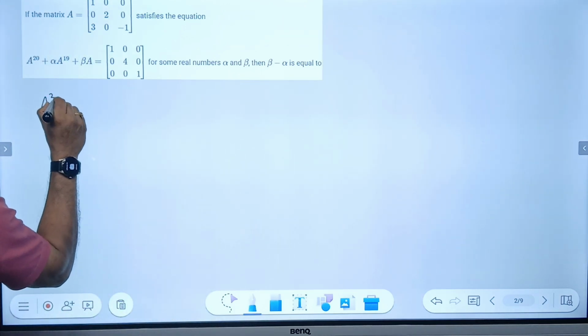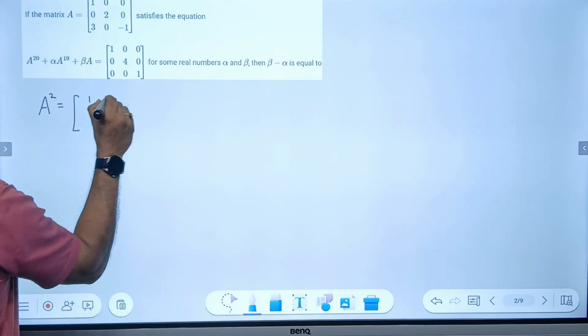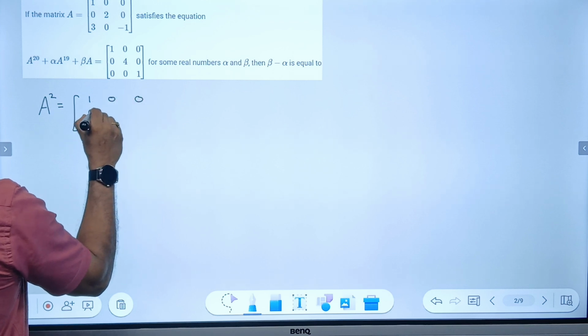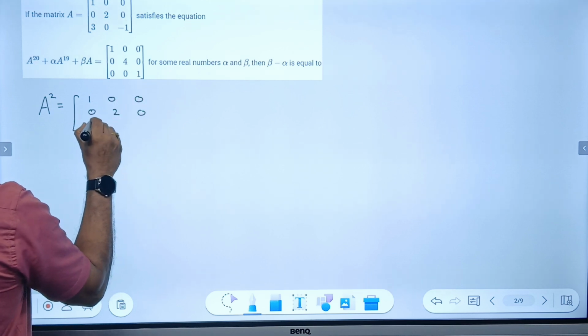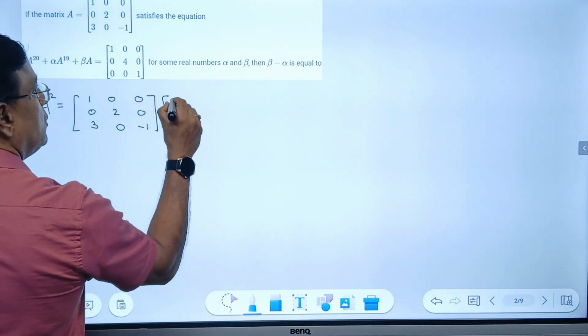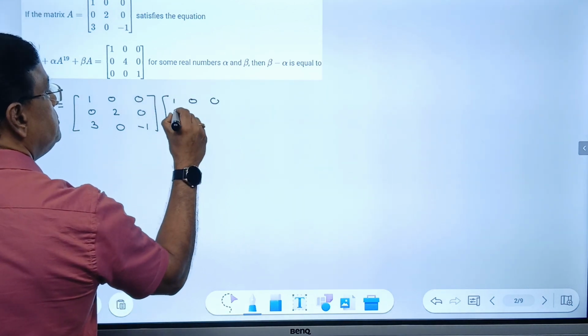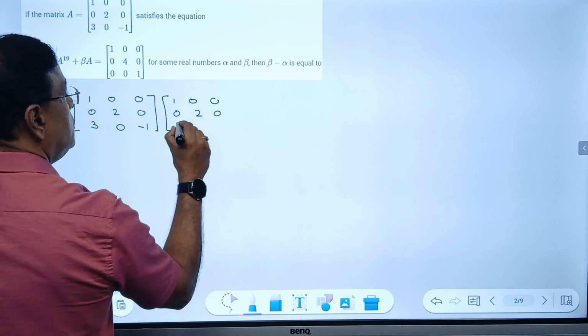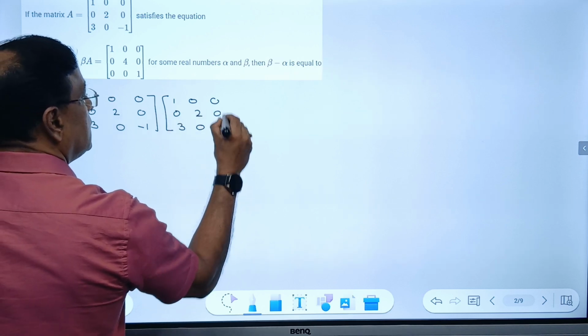So what is my A square? 1 0 0, 0 2 0, 3 0 minus 1. This I will multiply with 1 0 0, 0 2 0, 3 0 minus 1.